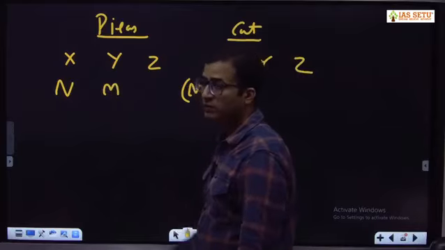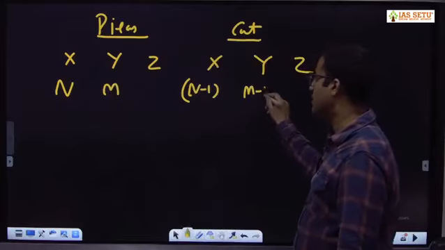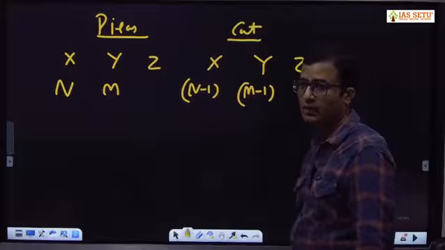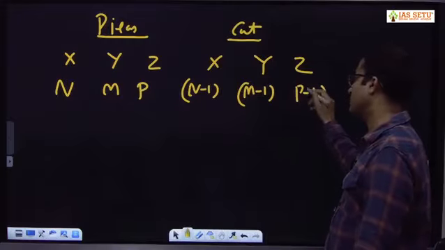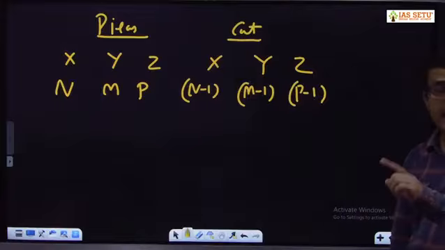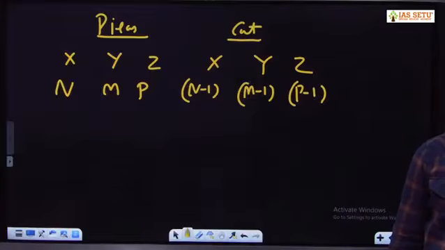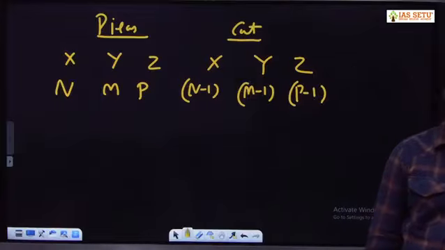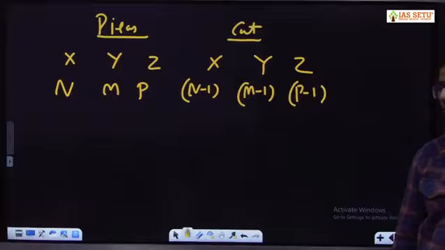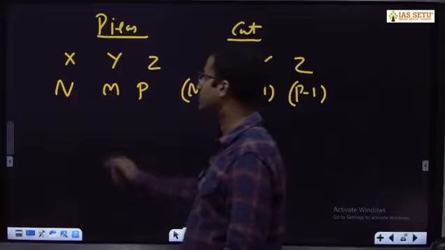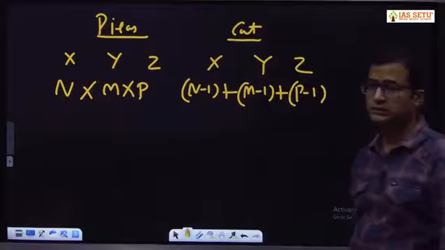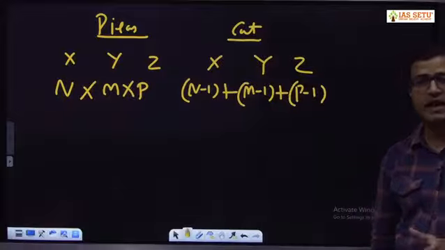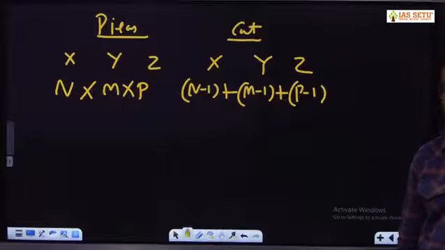M pieces along the Y axis require m minus 1 cuts. P pieces along the Z axis require p minus 1 cuts. And the rule is, pieces we always multiply, cuts we add.